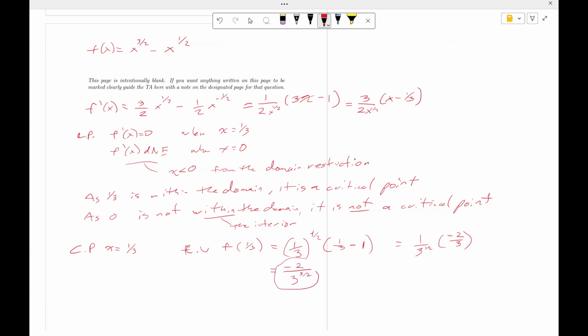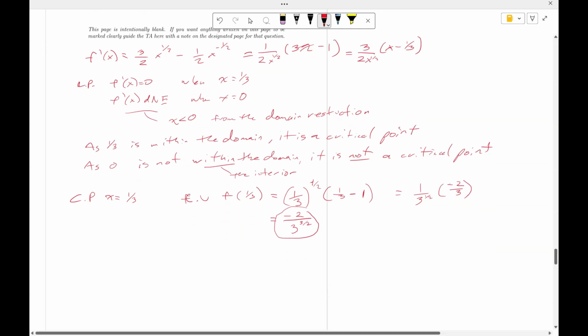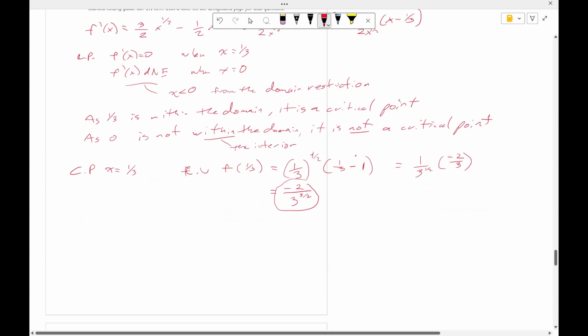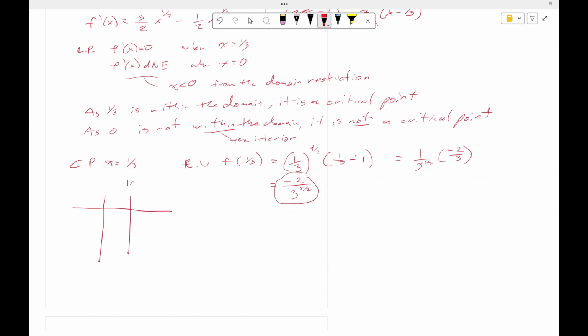And that's our critical value. So I have my critical point, my critical value. But now I want to determine where the function is increasing and decreasing. And to do this, I'm going to create a sign chart using both my critical point and the point that I thought could be a critical point, 0.